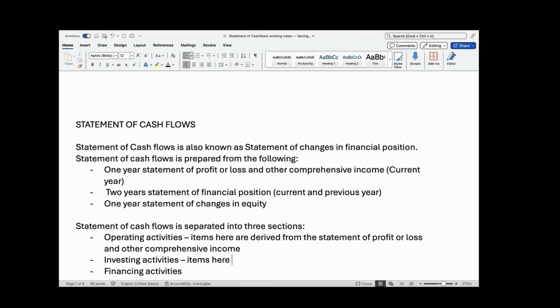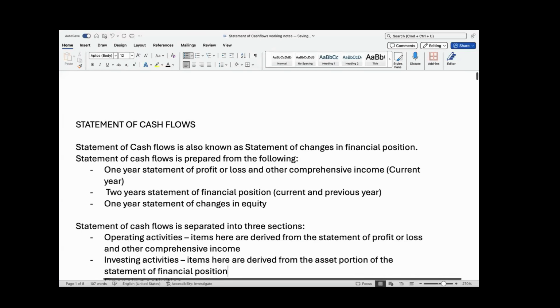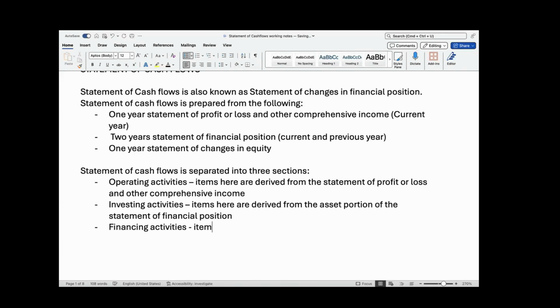Items in the investing activities are derived from the asset portion of the statement of financial position. And items that go to financing activities are derived from the equity and liabilities portion of the statement of financial position.